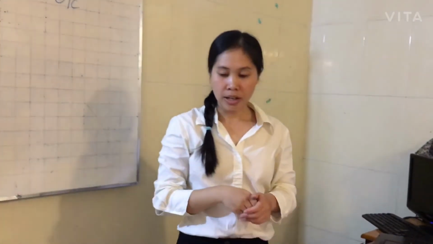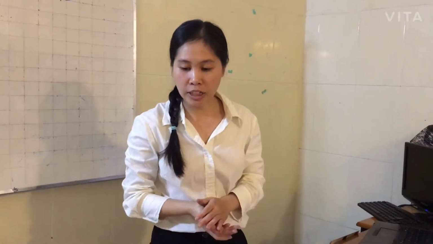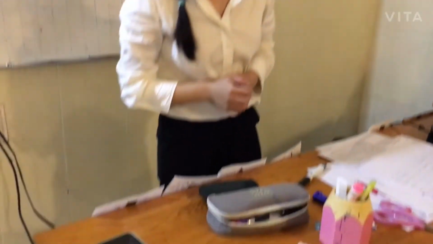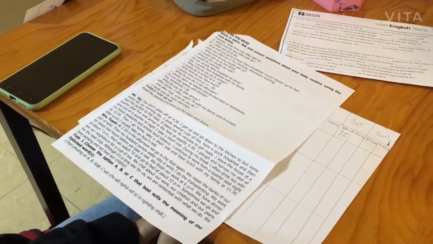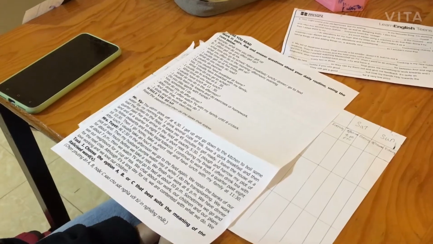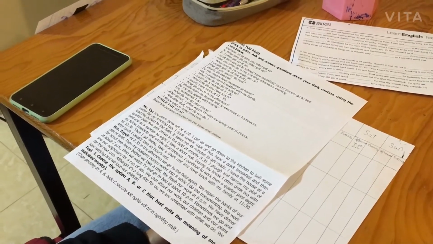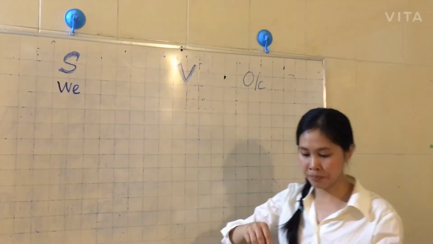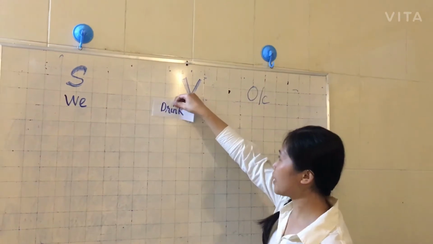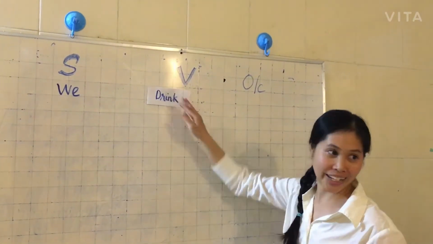So now let's look at your reading. I will give you some examples about the structure. First, we have the structure with the subject we, and the verb is drink.